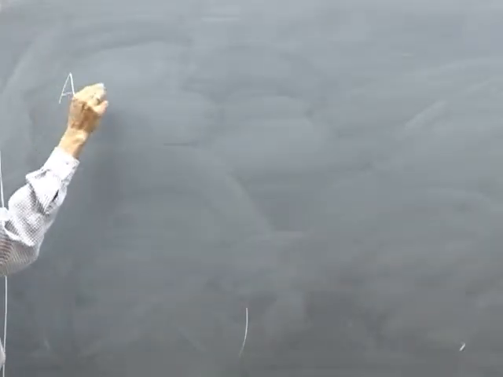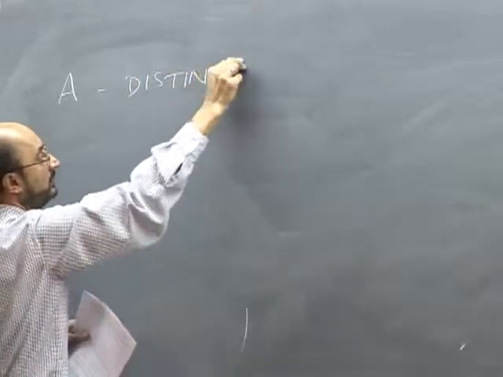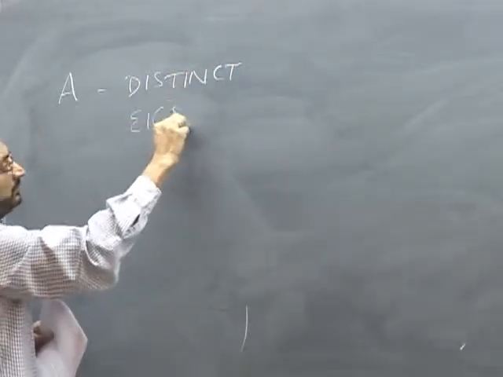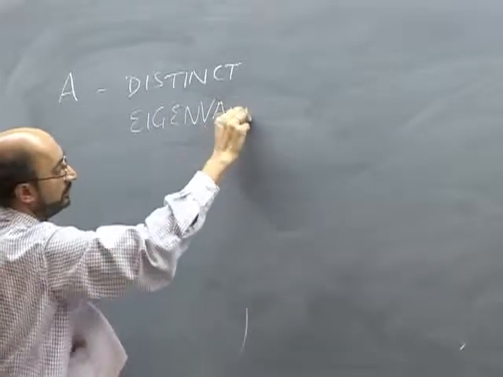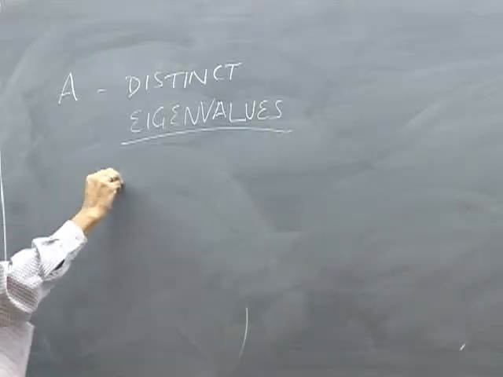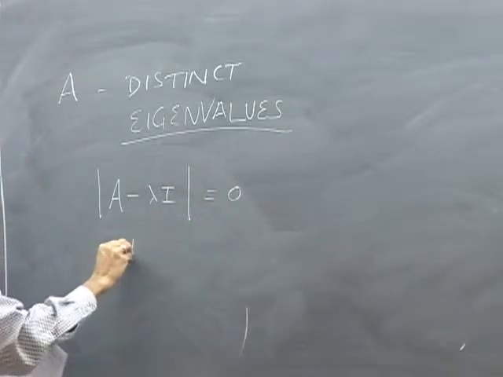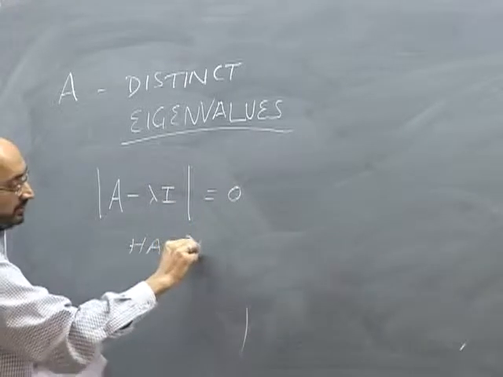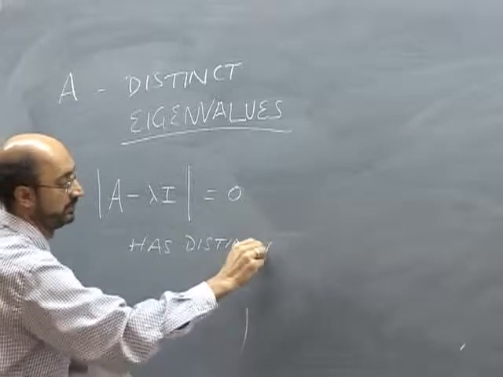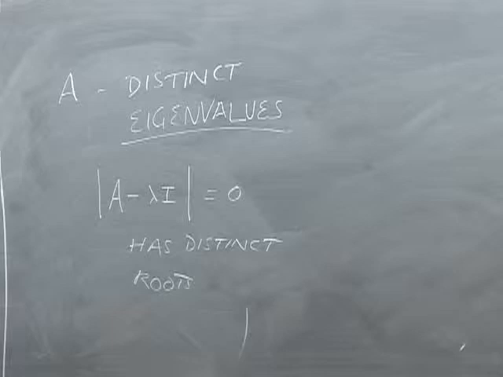The one trick that you need to remember is if A has distinct eigenvalues, in other words, the equation det(A minus lambda I) = 0 has distinct roots, which of course are the eigenvalues, then life is really good.